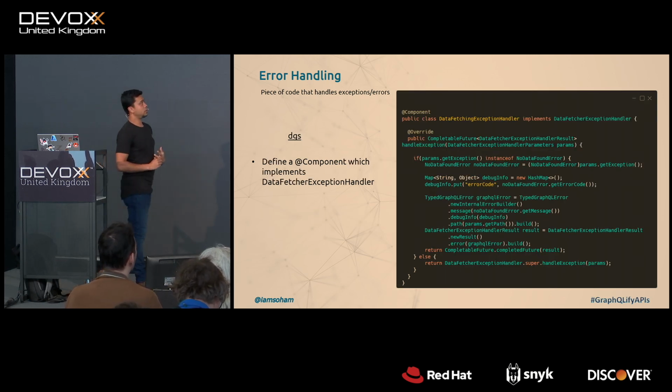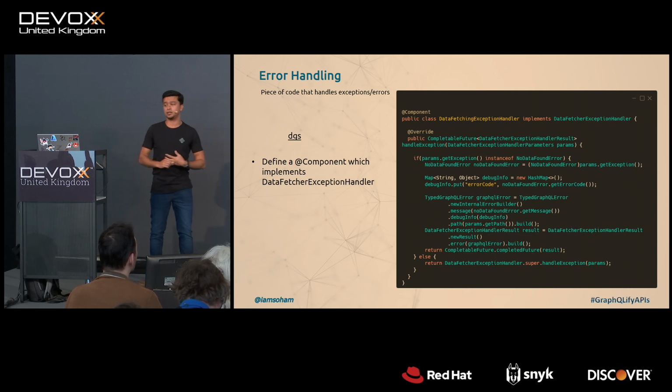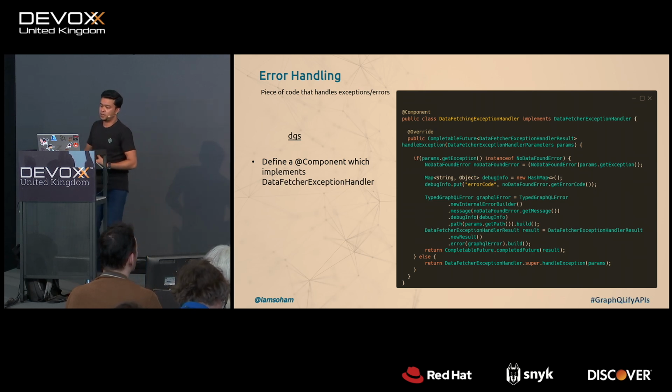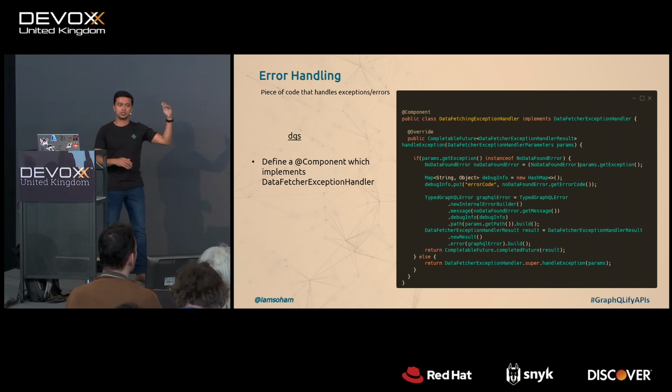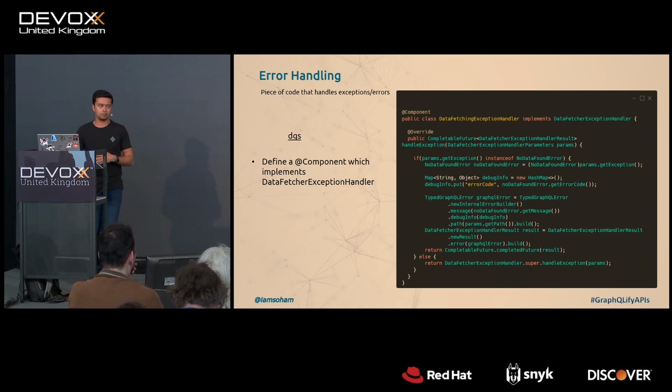In DGS, you implement an interface and override a method to manage these exceptions. It's not really intuitive, but you need to have a lot of blocks of code to define if exception A happens, do this, exception B happens, do that.